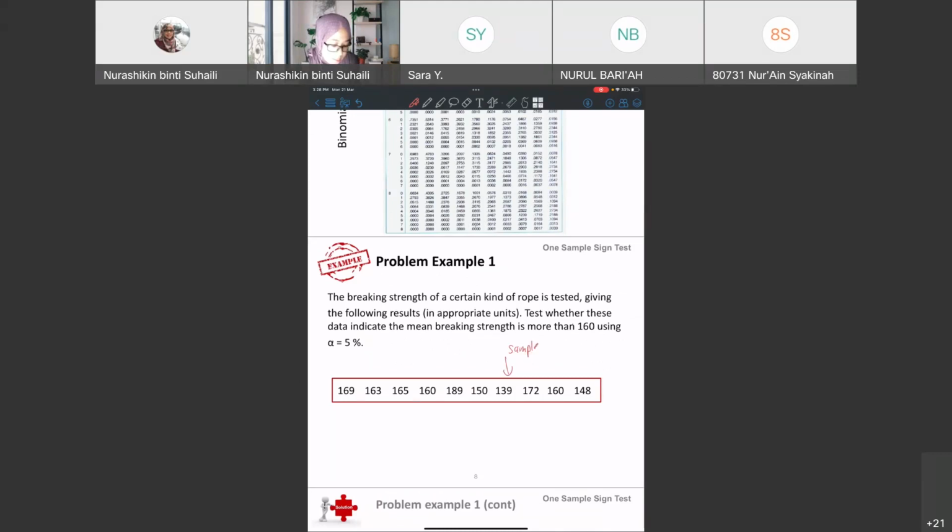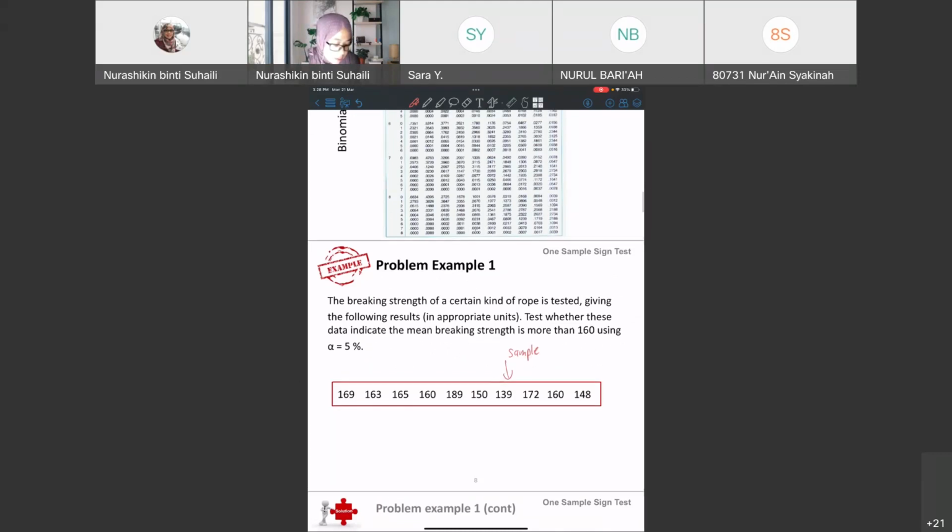It has 1, 2, 3, 4, 5, 6, 7, 8, 9, 10 data. And you are given a value of this. This is the benchmark that you want to compare your data with. And you are given alpha equal to 5%.